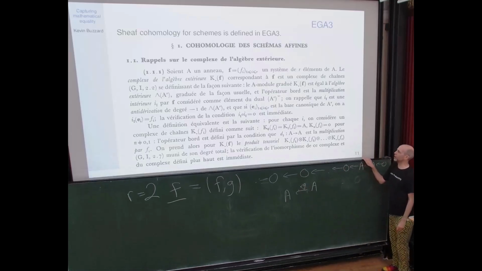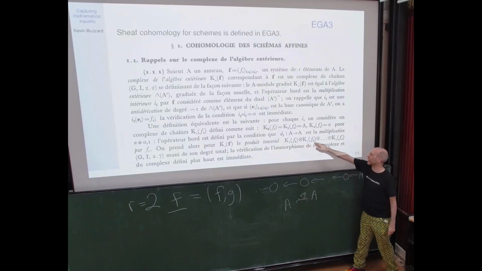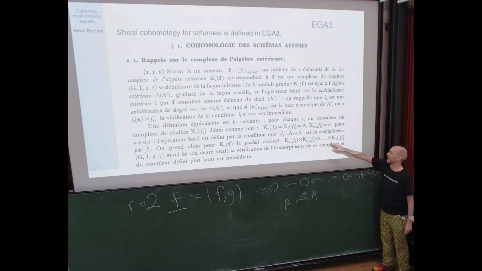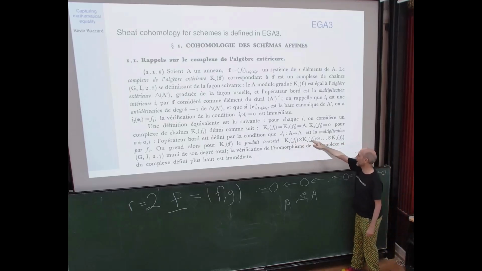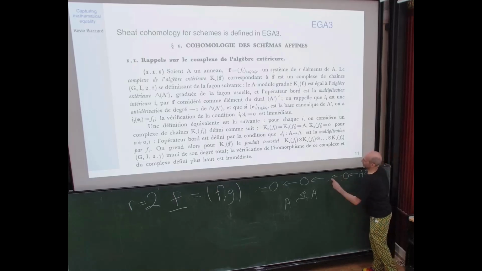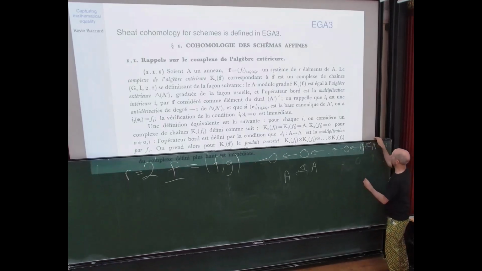So we've got these two complexes, and then we take the tensor product of these complexes. Now we have to work out what this is. So I'm going to take the tensor product of these complexes. This first complex is going to look like this.